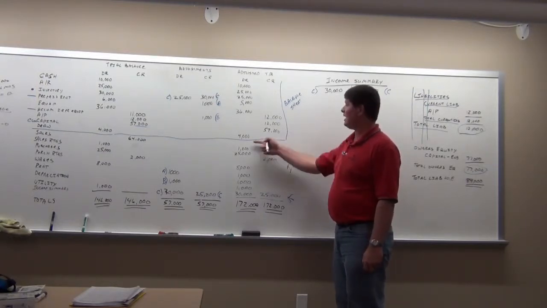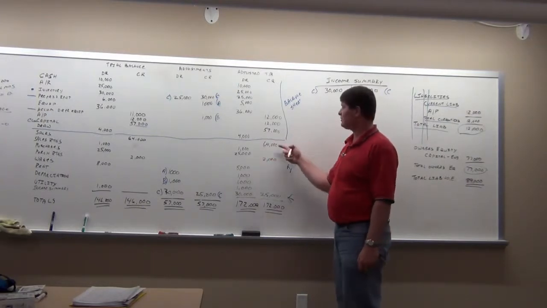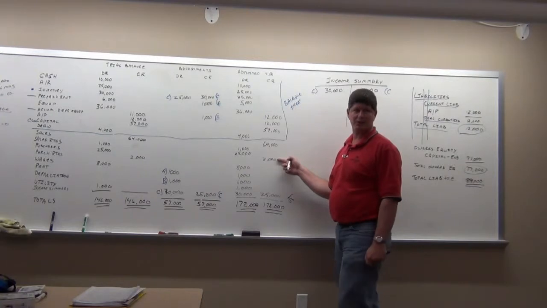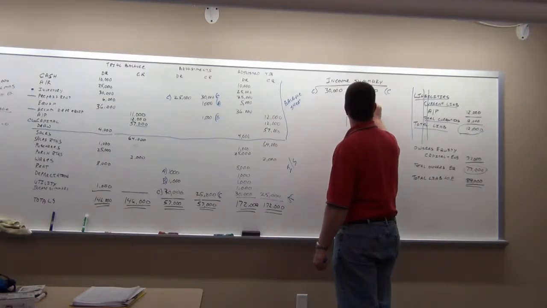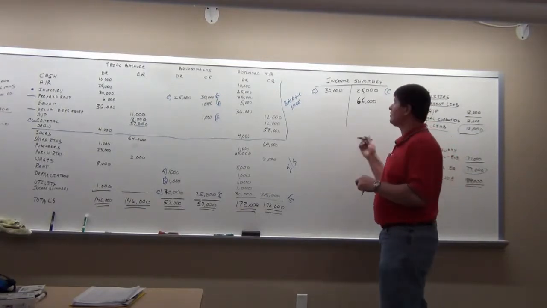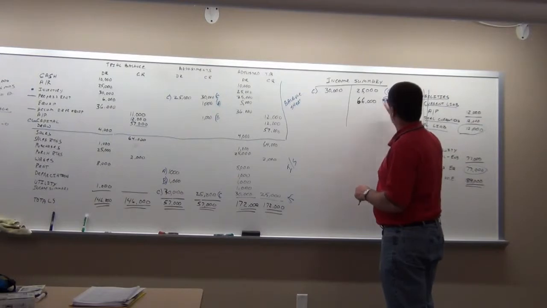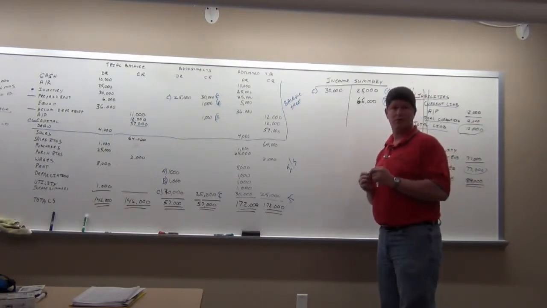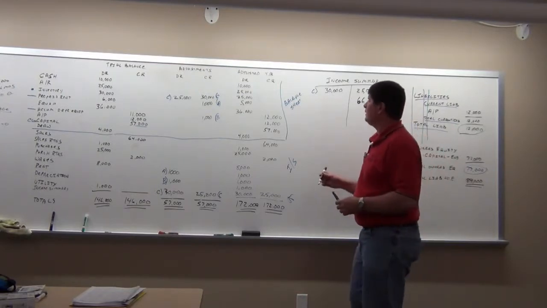So I would need to debit both of those accounts and credit income summary for $66,000. So I'm going to do that, and I'm only going to show the one end part of the entry because I just want to focus on the income summary for a second. I'm going to list that as R for revenue accounts. Everybody with me? Good? Okay.